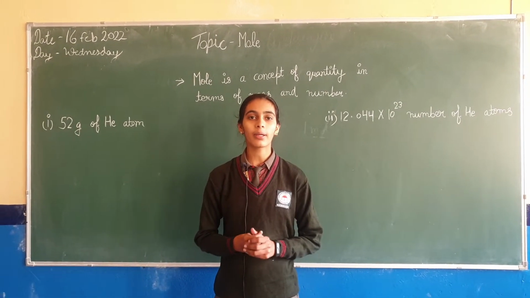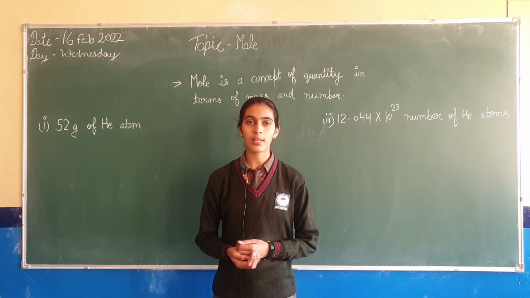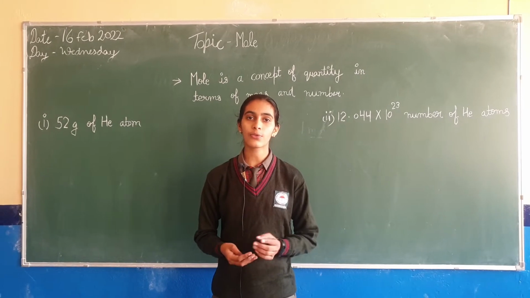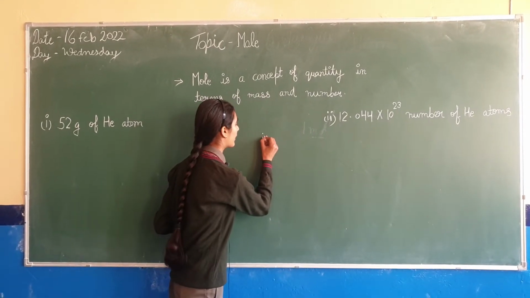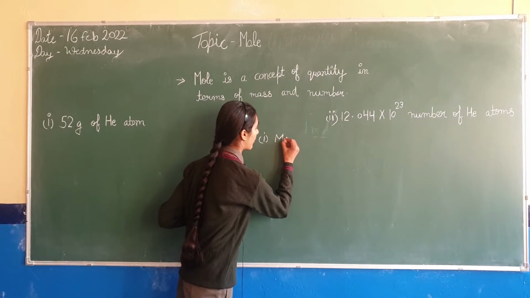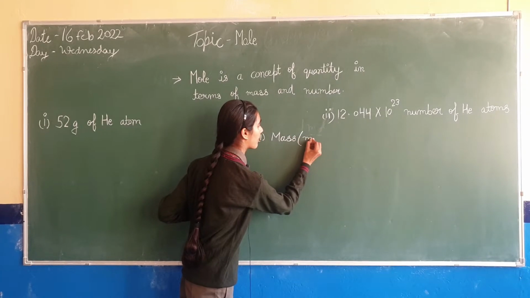Before solving number of mole, we must know the formulas to find out the number of moles. We will apply two formulas. Let's see. The first formula depends upon the mass of the element. We will represent mass by small m.